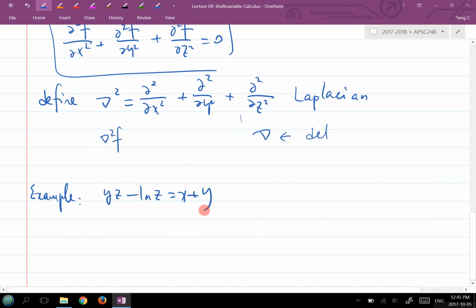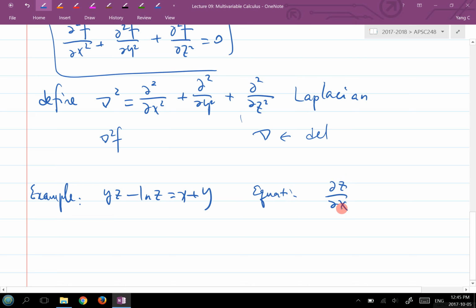Given an equation like this, we try to find what's partial z over partial x. Now this one is quite different from the previous one. The previous one asked for partial f over partial x, but there you were given a function f already.